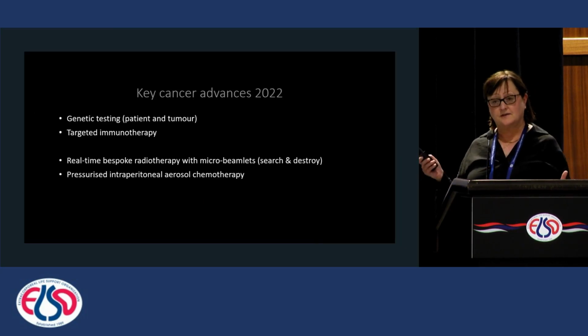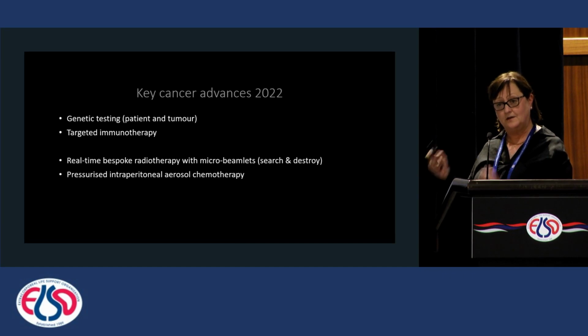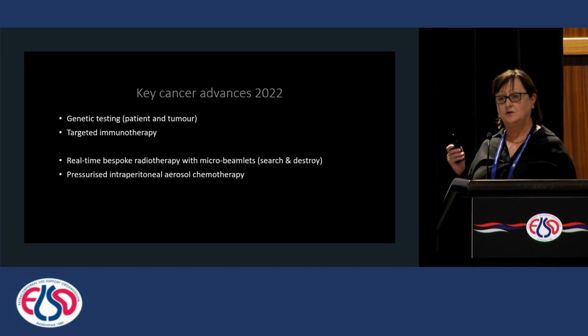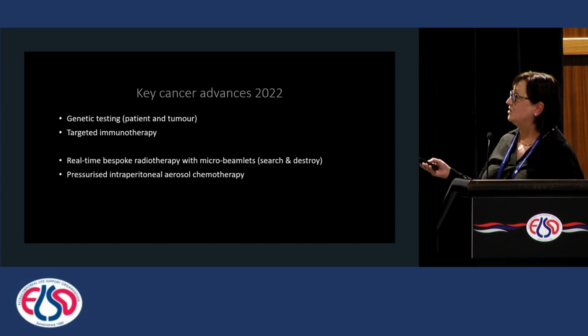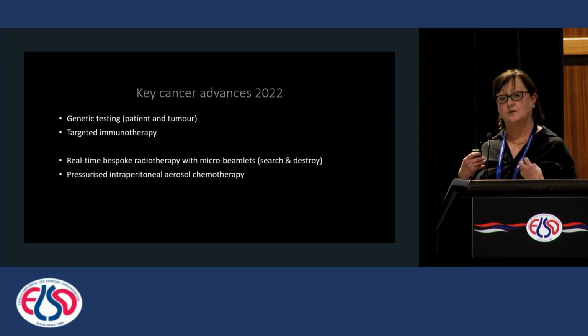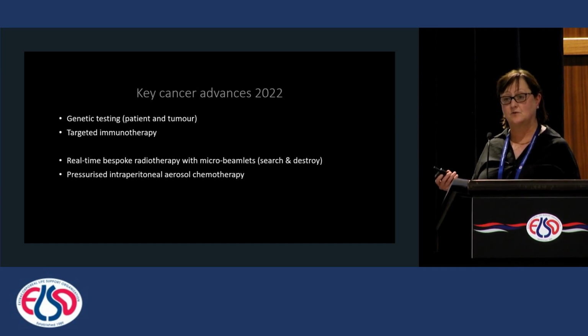Cardiovascular disease is the biggest killer. One of the other biggest killers is cancer. And if you turn your eyes to what our cancer colleagues are doing, they are in a totally different place. Now they genetically test you and your tumor, so they begin to understand who you are and what your tumor is. They're using targeted immunotherapy, using your immune system to seek and destroy the cancer cells.